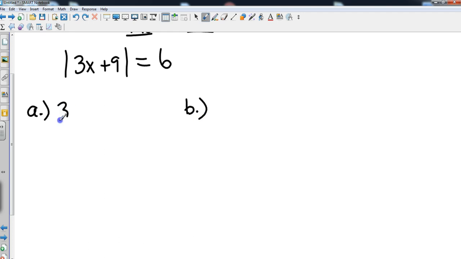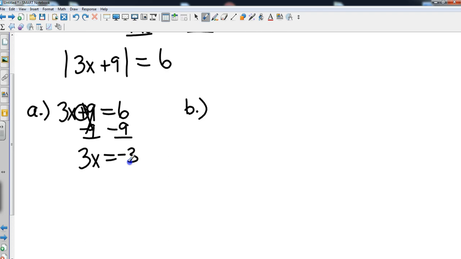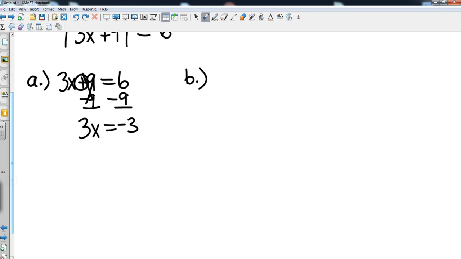Eliminate the absolute value brackets. So I'm going to work through this one first. We identify the addition. We're going to subtract 9 from both sides. That gives me 3x equals negative 3. Divide both sides by 3. And x equals negative 1.